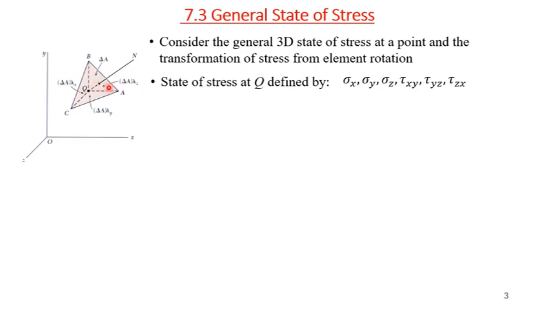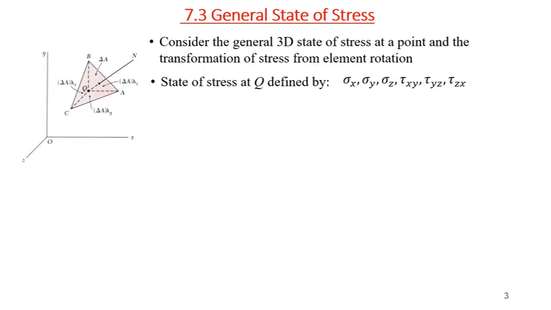The face AQB has sigma z, tau yz, and tau zx. The face BQC has sigma x, tau xy, and tau zx, and the lower face, AQC, has stresses sigma y, tau xy, and tau yz.